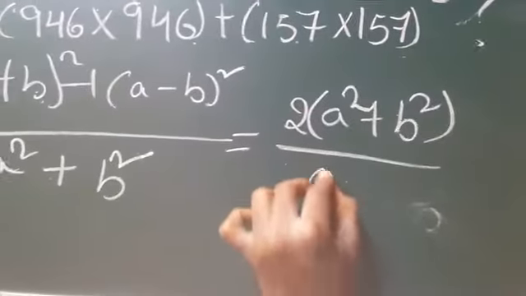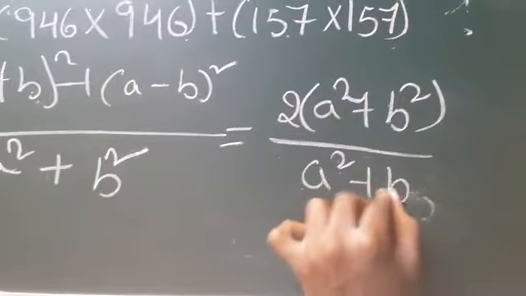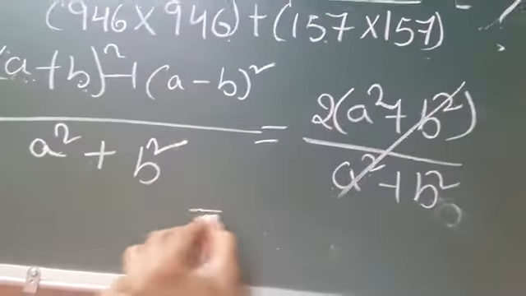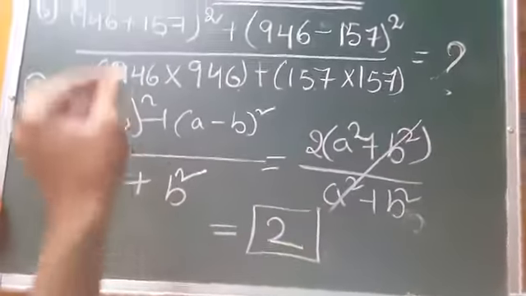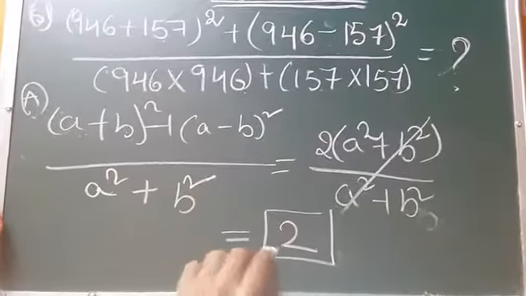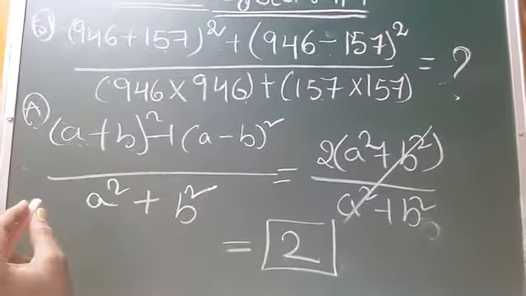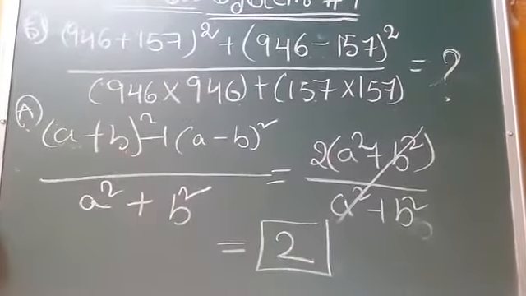In the denominator you have a² + b². When you cancel these two terms, what is the remaining term? 2. So the answer for this given question is 2. I hope you understood how to solve this question.